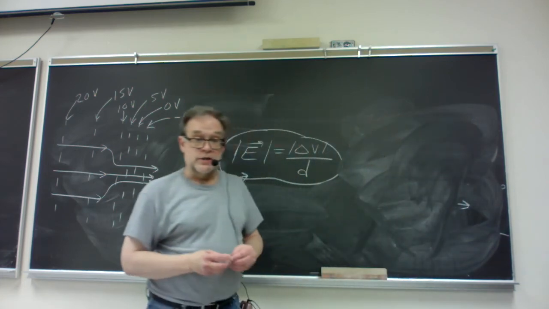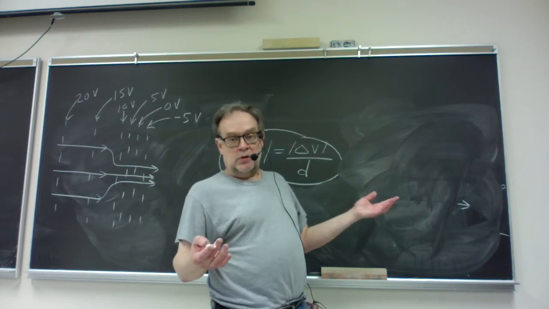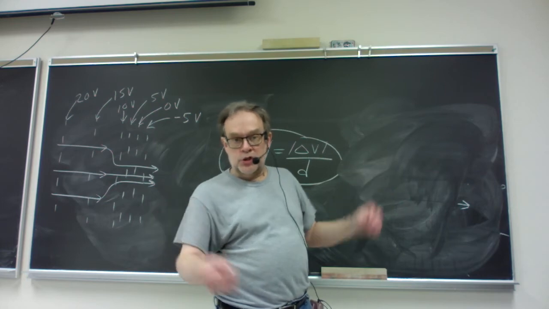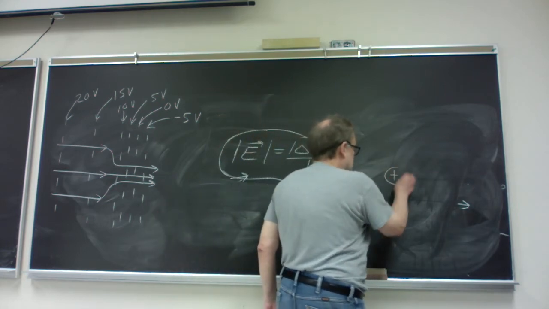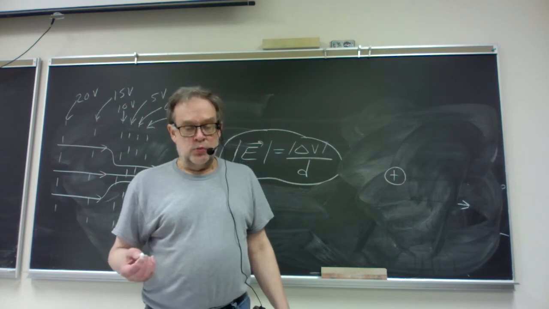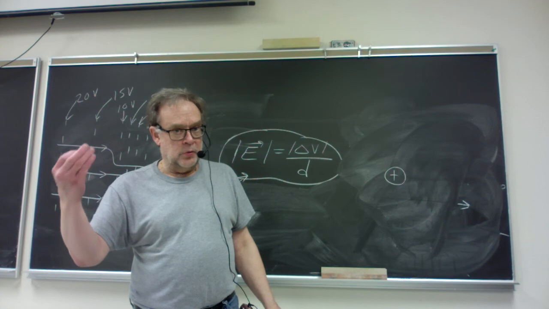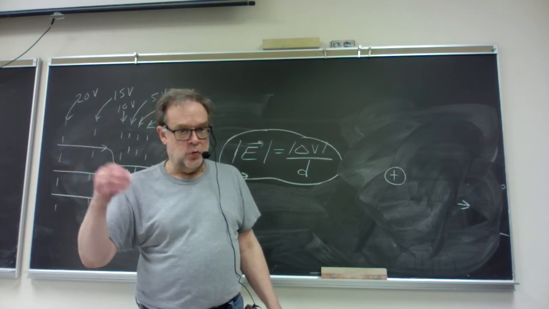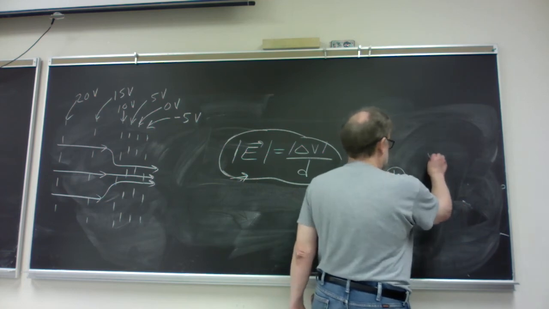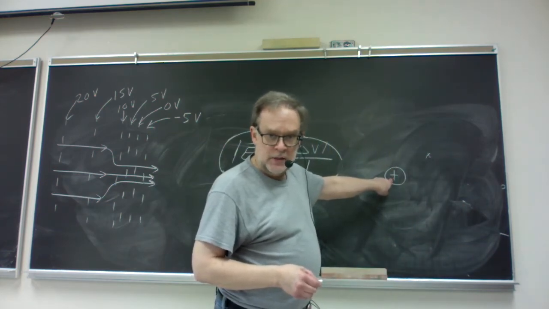Now, one more example. Let's just imagine the simplest kind of electric field, the electric field caused by just one lump of charge, and we'll say it's positive charge. In that case, we know, remember, electric field points in the direction of the force on a positive charge. If you put a positive charge anywhere, it'll feel a repulsive force from this positive charge.